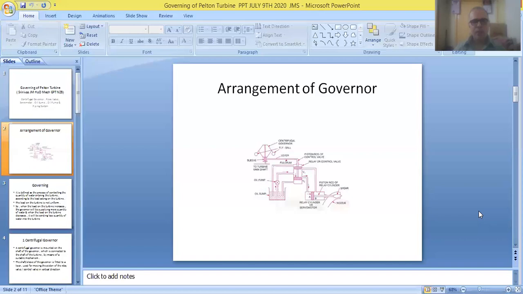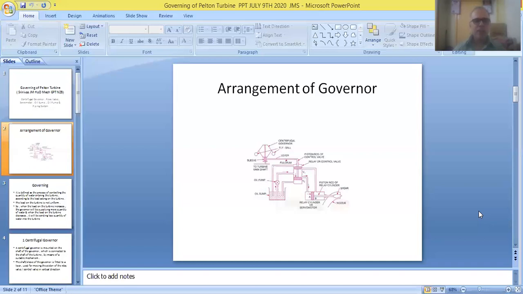We have to make arrangements for conveying oil from the reservoir into the control valve, from the control valve into the servomotor, from the servomotor into the control valve, and finally from the control valve into the oil reservoir.